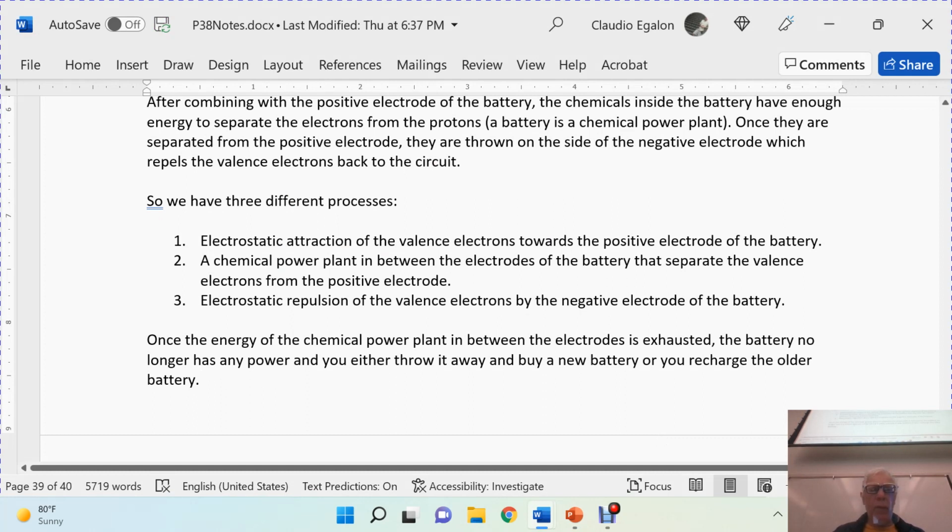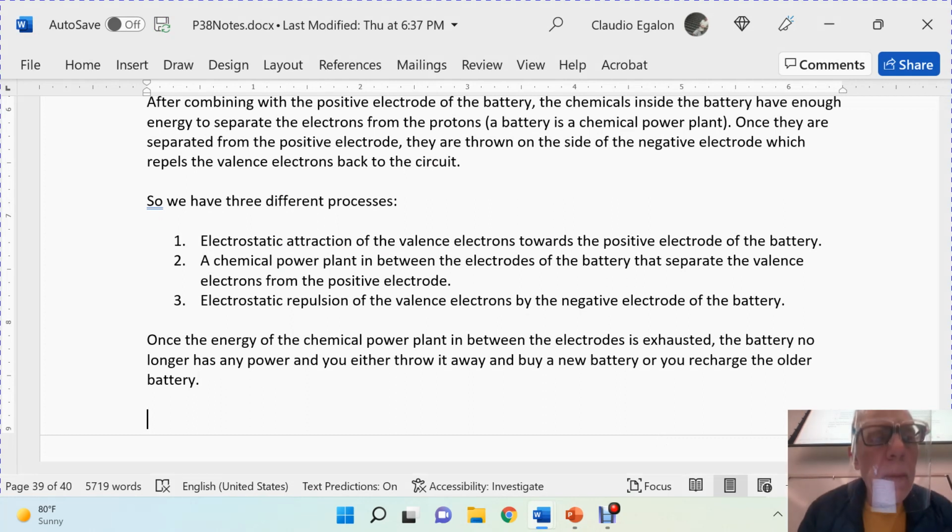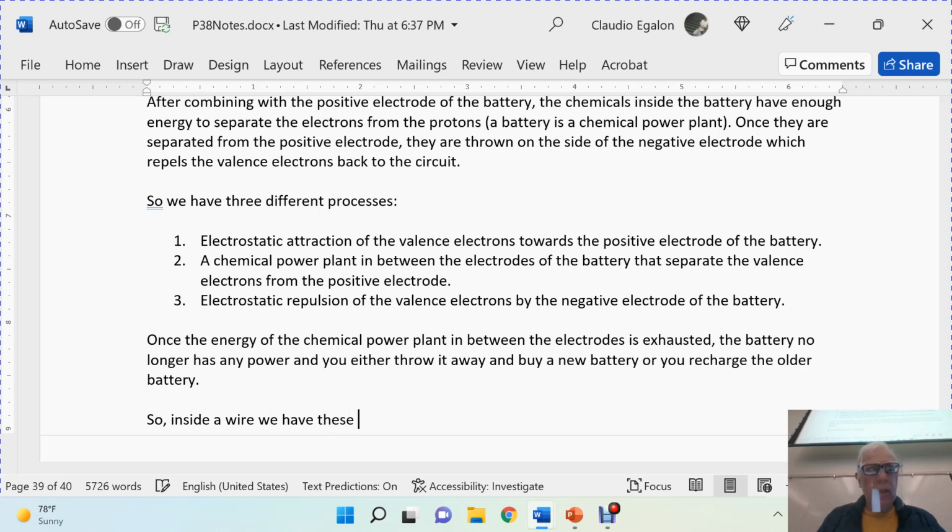Okay, so here we go. Inside a wire, we have these valence electrons.